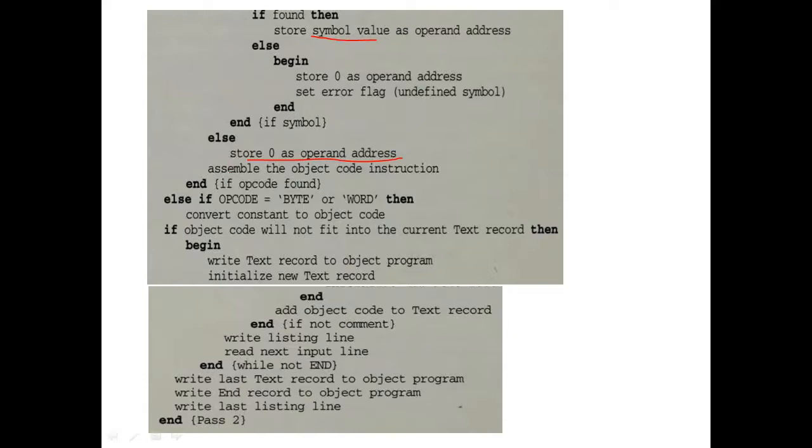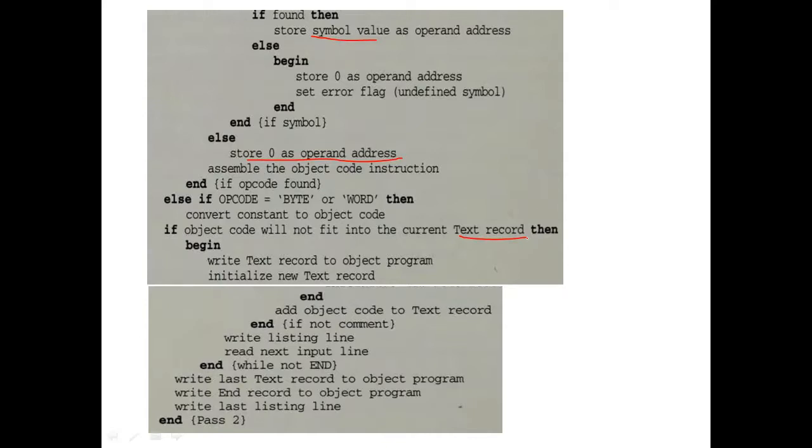Now assemble the object code instructions. Next, if the opcode is something like BYTE or WORD, then convert the constant to object code. If the object code will not fit into the current text record, then begin a new one. Remember, one text record can store the object code of only 60 bytes.